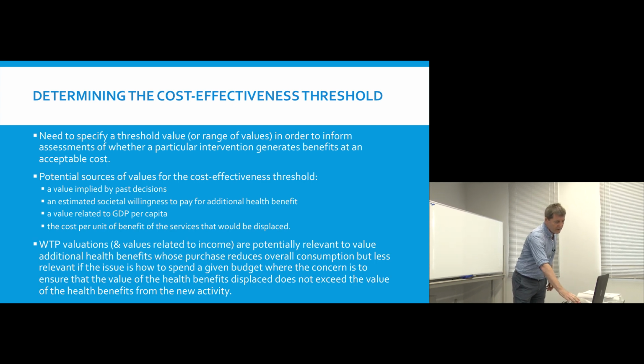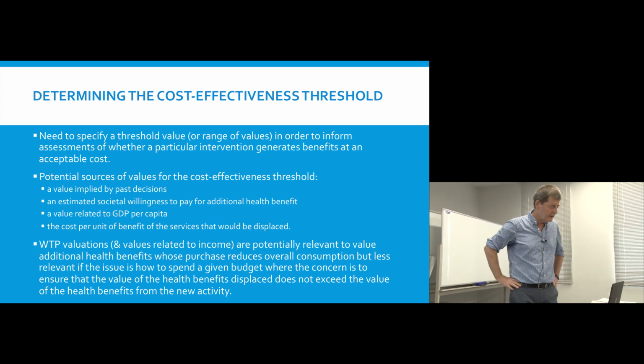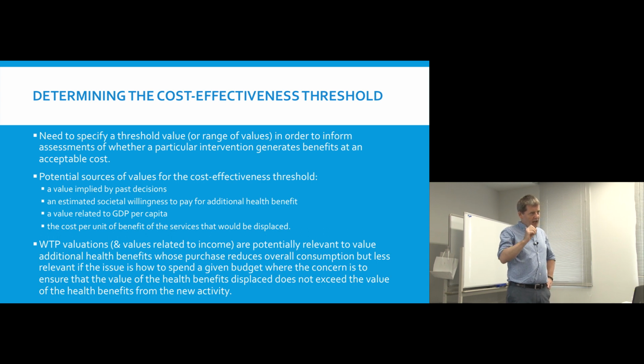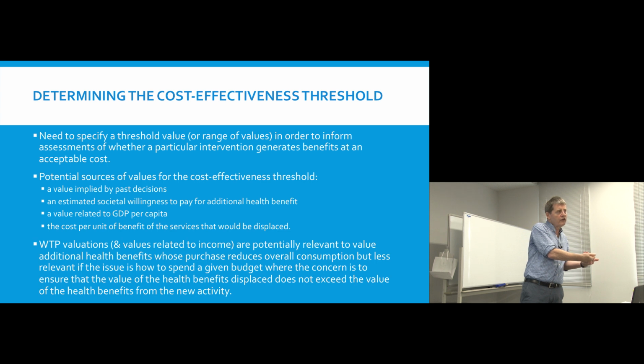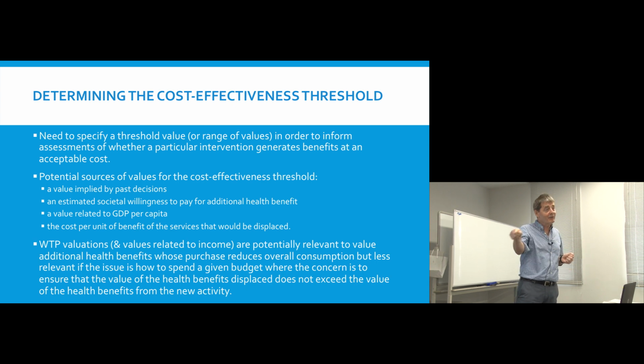So rather than some sort of external guide to cost effectiveness, such as 3 times GDP per capita, what's being asked here is this: if we introduce a new treatment strategy, a new intervention, what are we going to displace? Now, because all health systems are budget constrained, if we introduce something new, we have to displace something. The money has to come from somewhere.